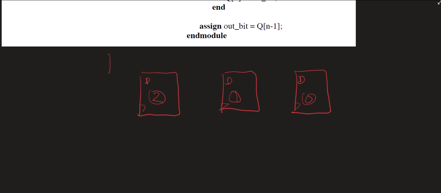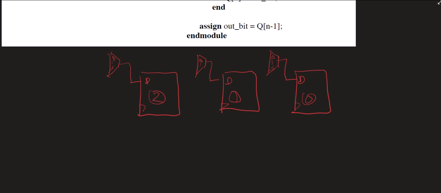And each one is going to have a multiplexer, with the multiplexer output going to the flip-flop. That's how these work. And the multiplexers have a 0 and a 1 and an S. And the S is what determines what they're going to get.